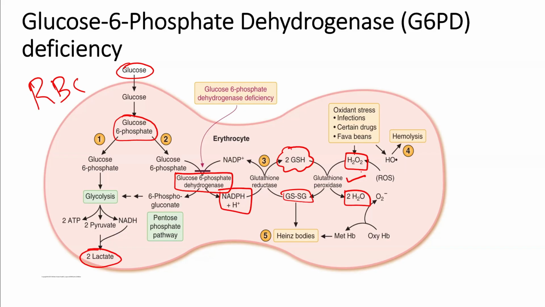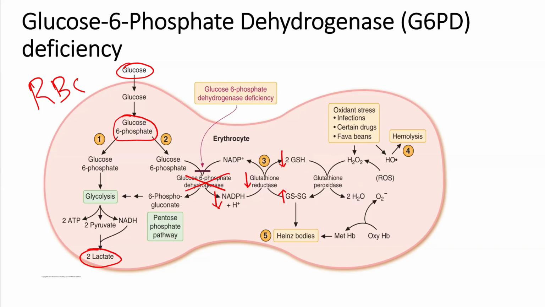What if your G6PD is deficient? Going back to what we have learned earlier, we are going to block this. G6PD is deficient. That means there will be decreased NADPH, leading to decreased glutathione reductase enzyme activity and an increase in GSSG and decrease in GSH.